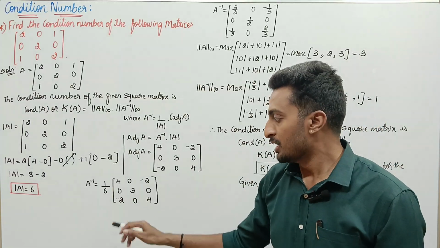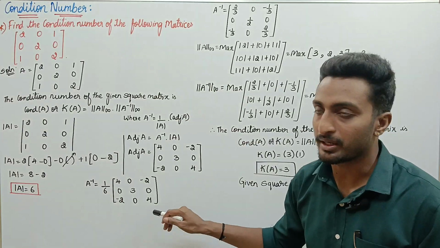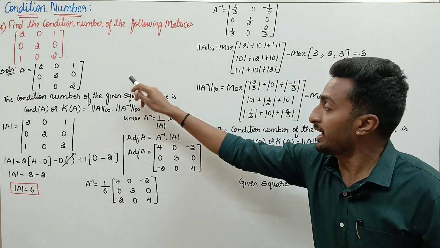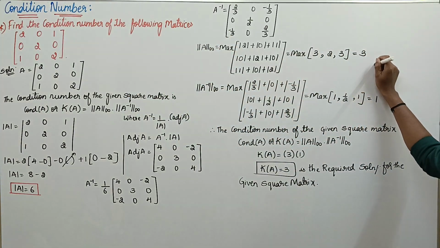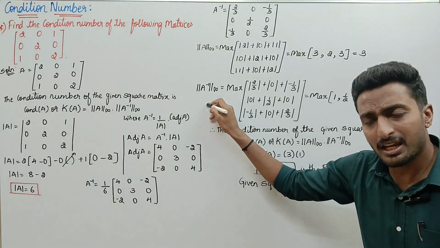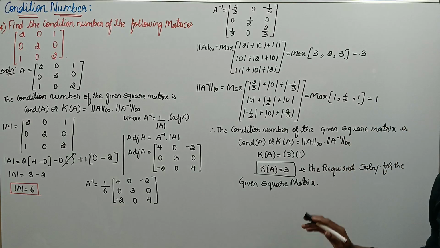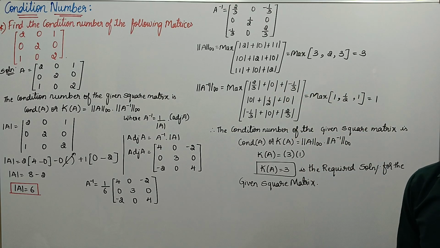Represent A inverse, multiply 1 by 6 for the given matrix, whatever we have found for the adjoint matrix. Substitute, you get A inverse. Then considering A and A inverse represent norm A infinity, the maximum number will be 3, and norm A inverse infinity, the maximum number will be 1. Multiply these two, whatever you get the solution, that is your condition number, and it will be the required solution for the given square matrix.